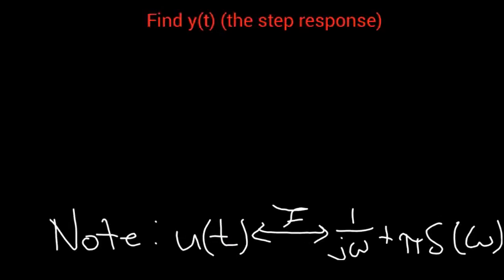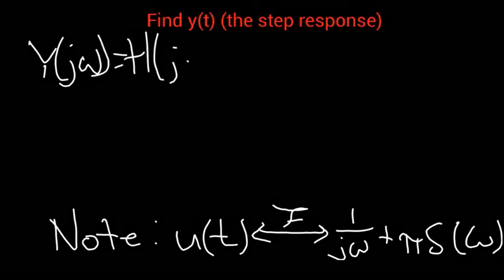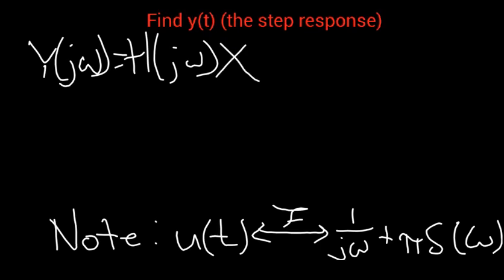To find y of t, or the step response, the easiest way is to find y of j omega, which equals h of j omega, which was solved on the previous slide, times x of j omega, which, as you know from the beginning, x of t equals u of t, and the Fourier transform of u of t is 1 over j omega plus pi times delta of omega.